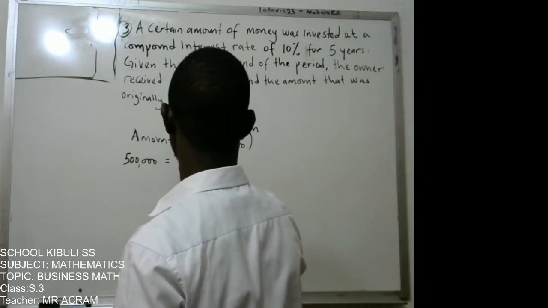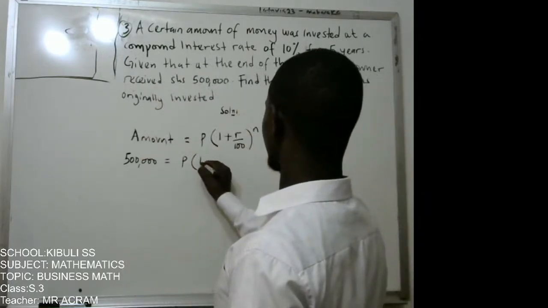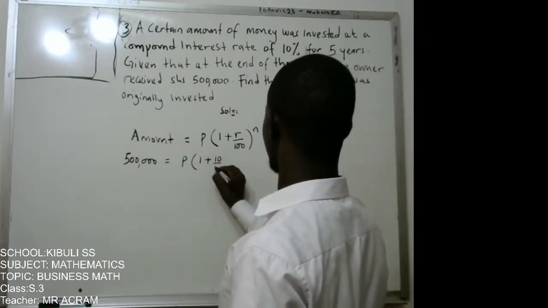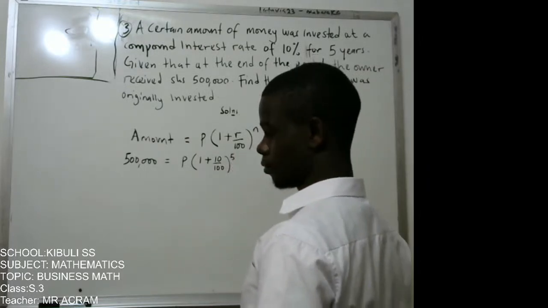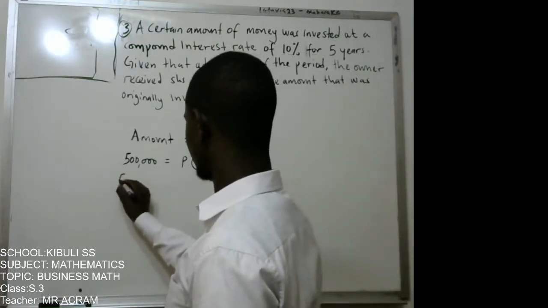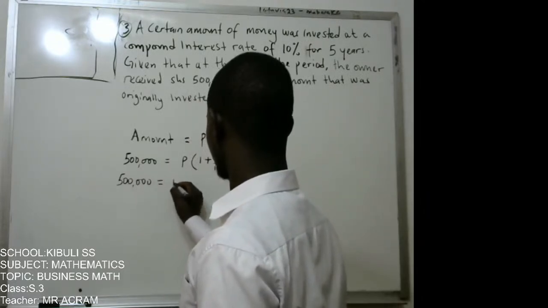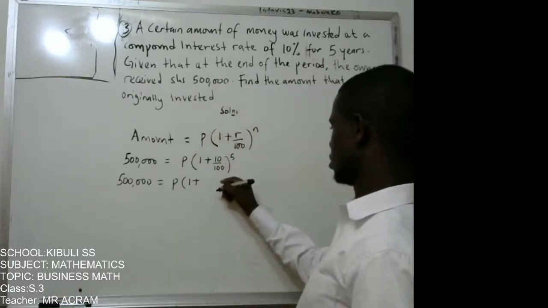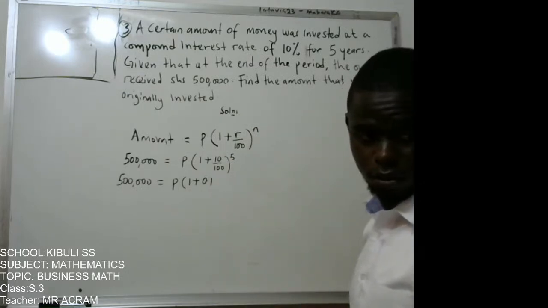equaling to principal, which is P. We don't have it, not so? We are looking for 1 plus, what is the rate? 10 over 100 power 5. So this is going to be 500,000 is equaling to P into 1 plus, what is this? 0.1, not so?